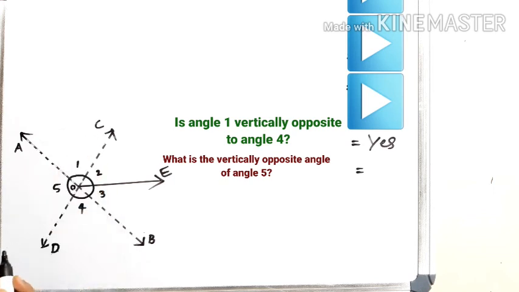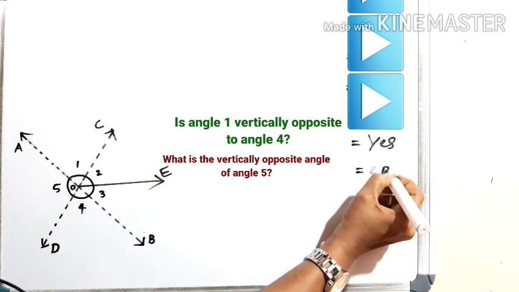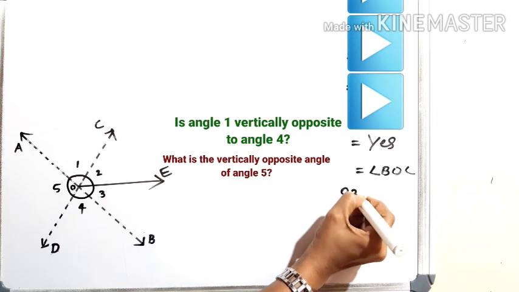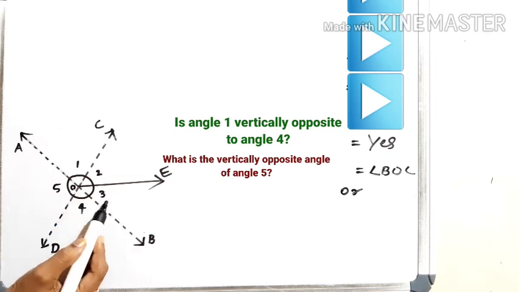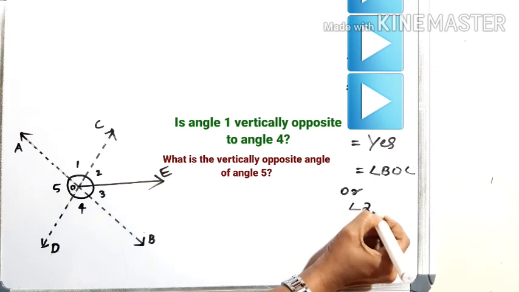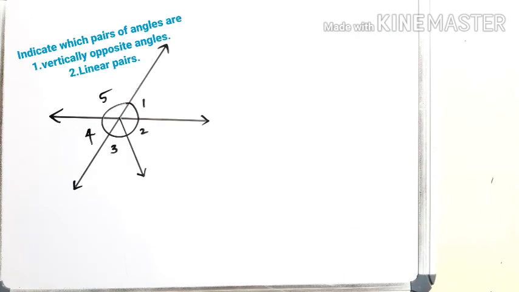Therefore, last answer, listen carefully children, angle 5 is vertically opposed to angle 2 plus angle 3.